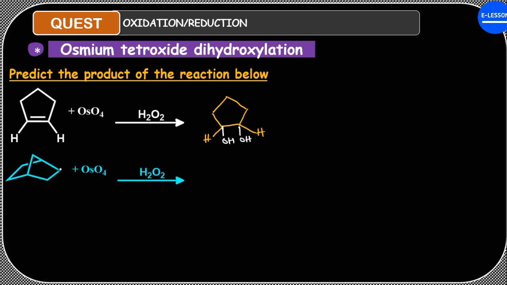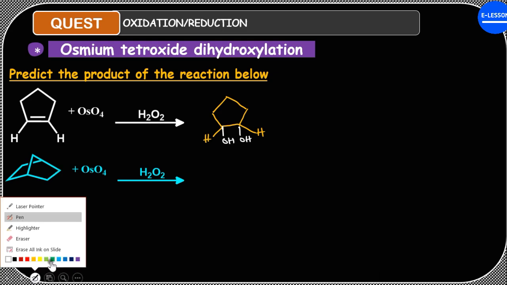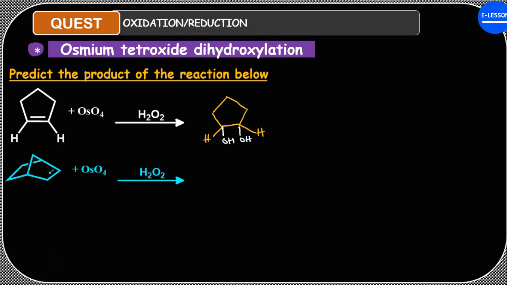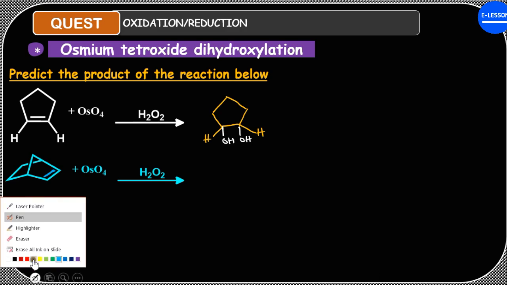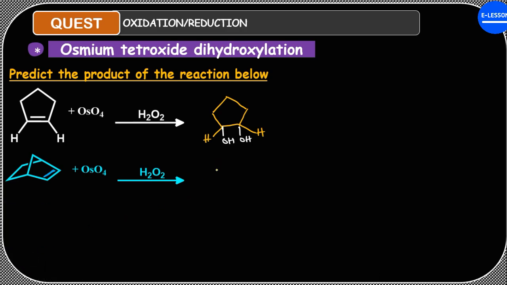Now, the same thing is applicable here. There is supposed to be a double bond here, because you're talking about an alkene. Now, in this case, what do you think will be the product of this reaction? It's still very much easy. First of all, let us draw this structure, which is something like this. Then you have this coming here, right?